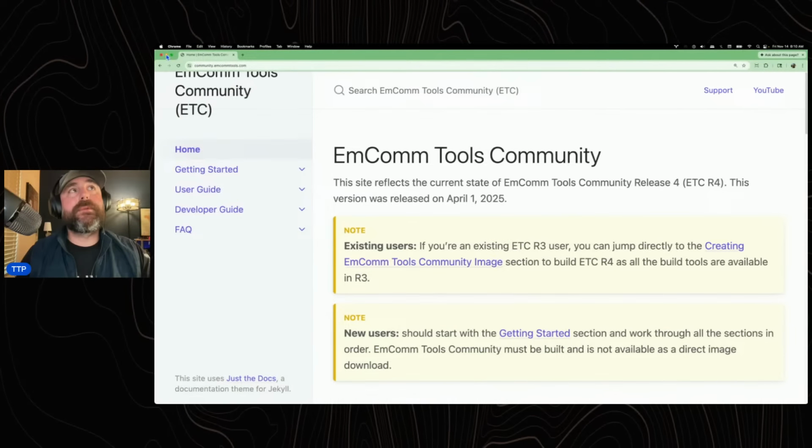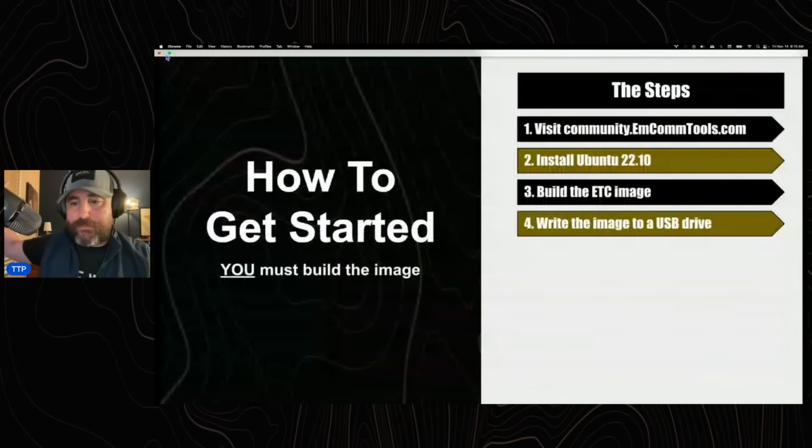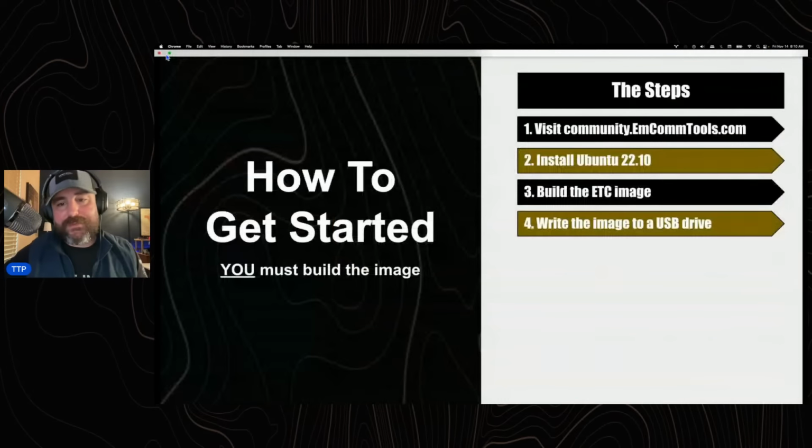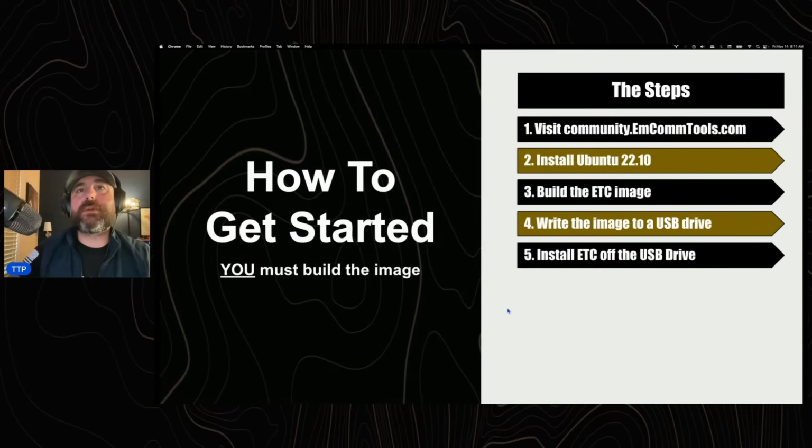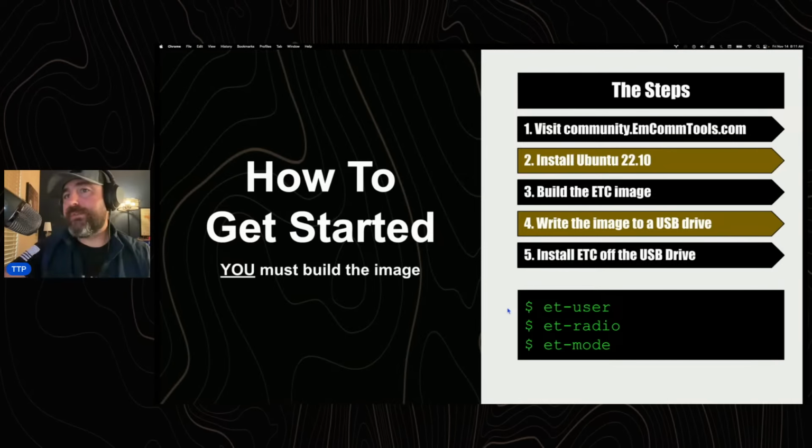And trust me, people that are 75 years old and have only worked with Windows have done it. So I know you guys can do it. I've been very deliberate in the documentation. Everything I do is copy and paste, so it should be straightforward. And then once you log in, ET user one time, ET radio, configure your radio, plug it in, and then just use ET mode.